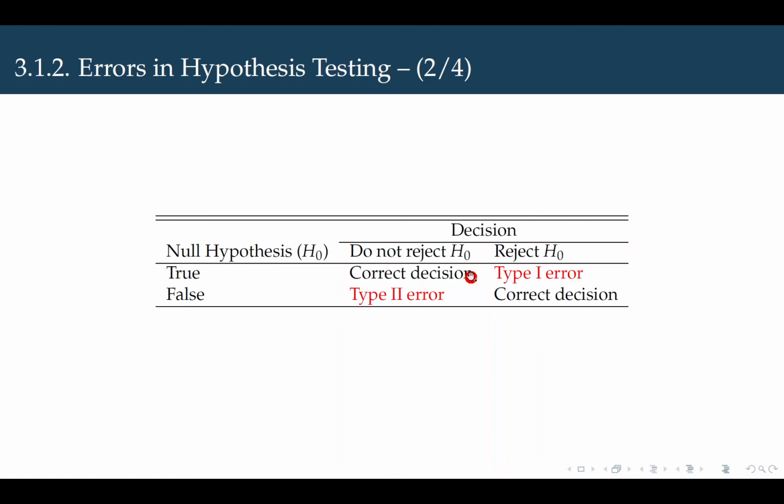And this one is just not rejecting the null hypothesis, which is actually true. Therefore, we have these two types of errors. Type 1 error, which is the rejection of a true null hypothesis, and type 2 error, which is failing to reject the null hypothesis, which is actually false, or not rejecting a false null hypothesis.